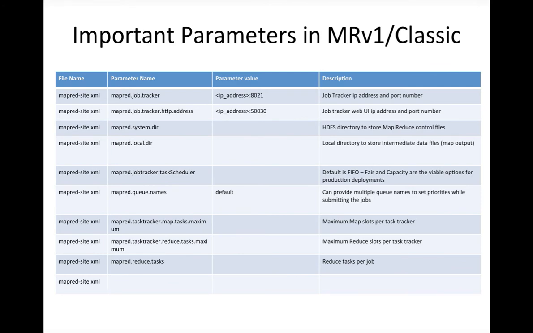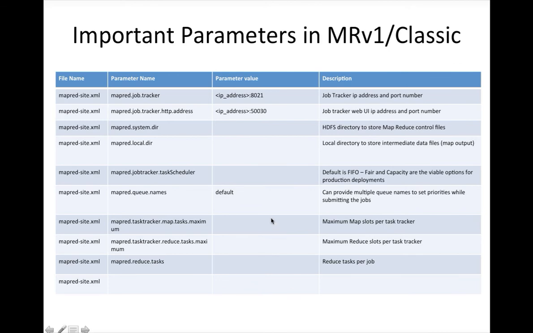Most likely all the slaves will be task trackers. These parameters control how many mappers should run on all the nodes in the cluster which have a task tracker, and how many reduce tasks should run on each and every node. This is the maximum map slots per task tracker, which means wherever a task tracker is running, that many map slots should be allocated to it.